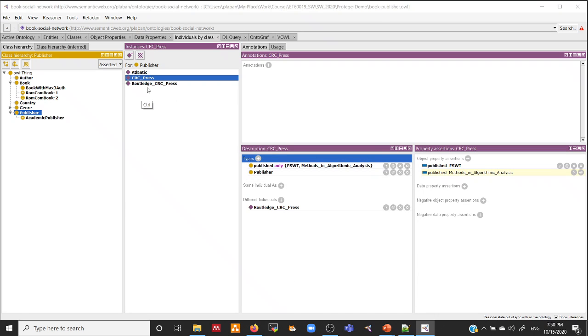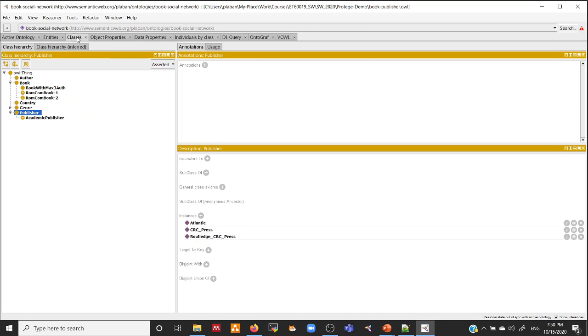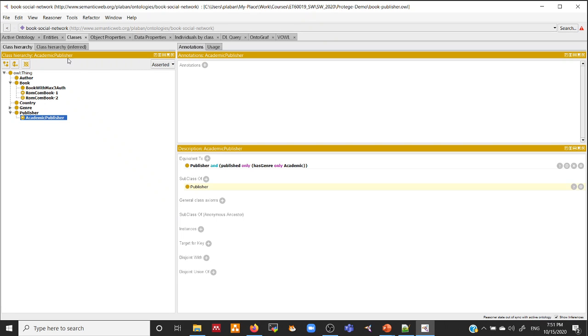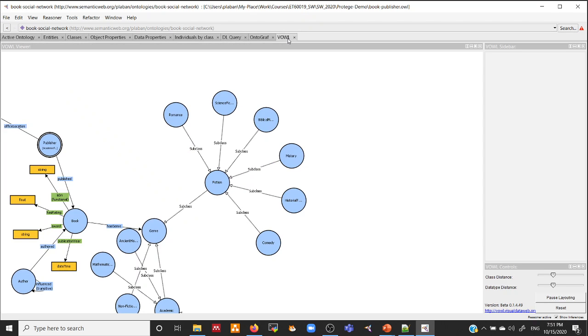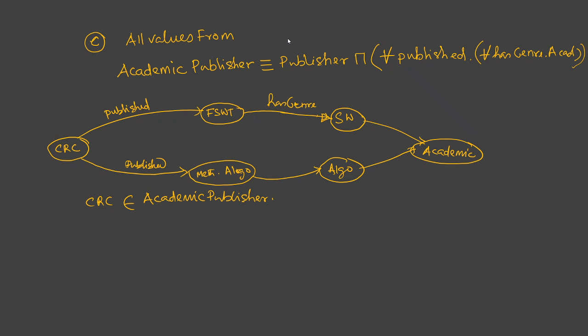So we have done all the closures. Let us go to academic publisher, synchronize the reasoner, and you can see that CRC Press is coming as an instance as expected, right? So this is how we can deal with this open world assumption in case of all values from also, right? Now let us try to demonstrate the case of some values from, right? So the similar thing we will be doing with some values from.